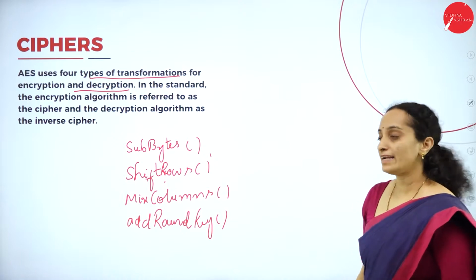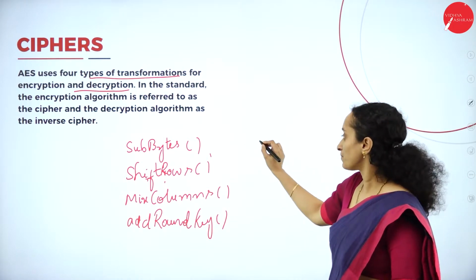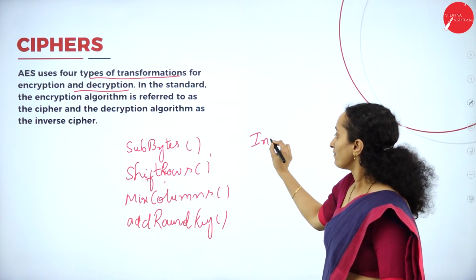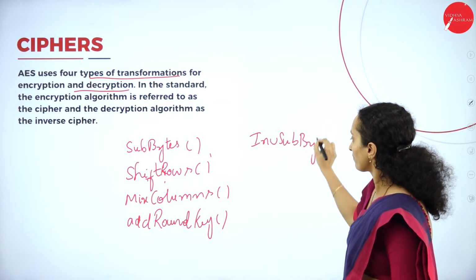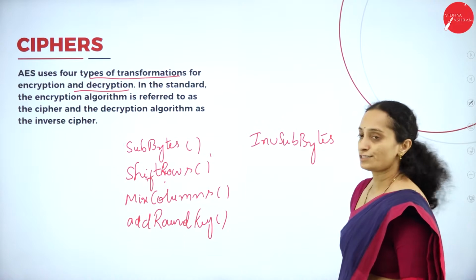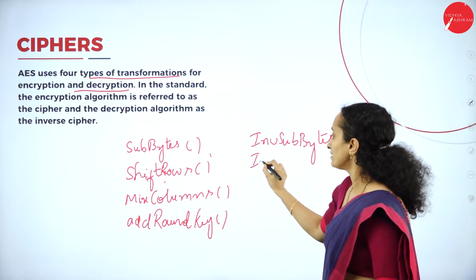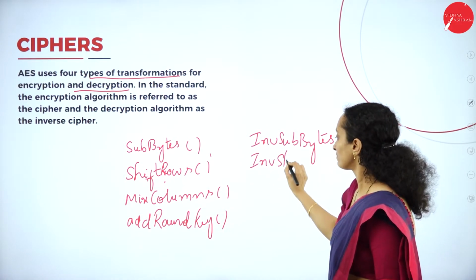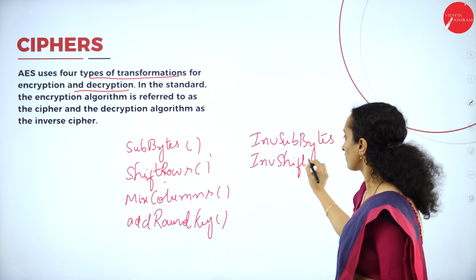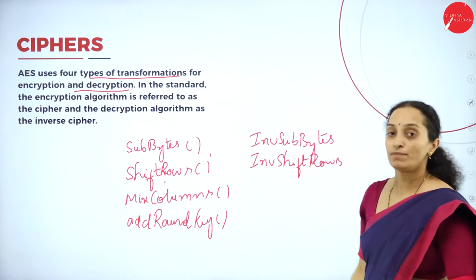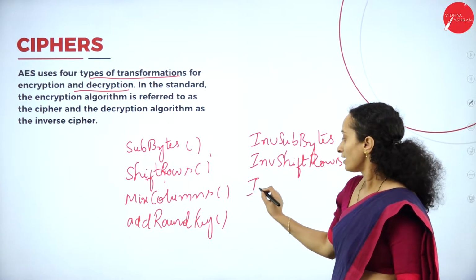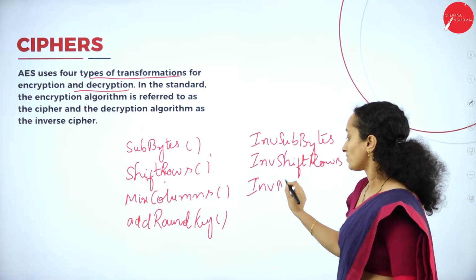For this, in decryption we have a reversal procedure, that is inverse subbytes. Shift rows has inverse shift rows. Mix columns has inverse mix columns.